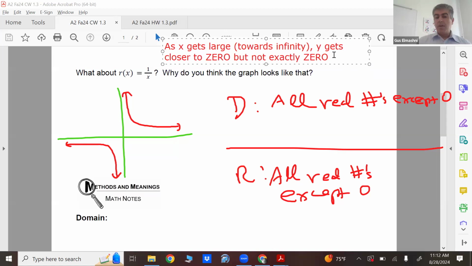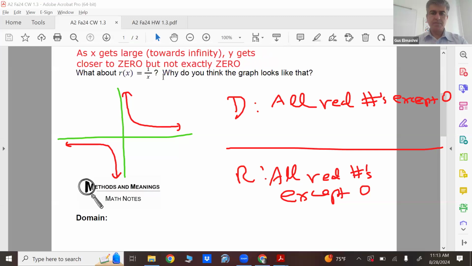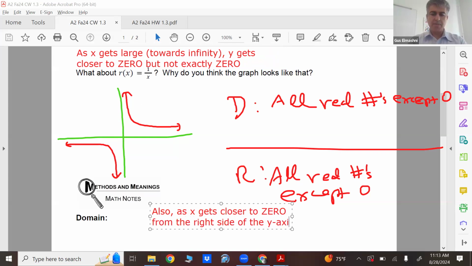Also, as x gets closer to 0 from the right side of the y-axis, y gets really, really big.